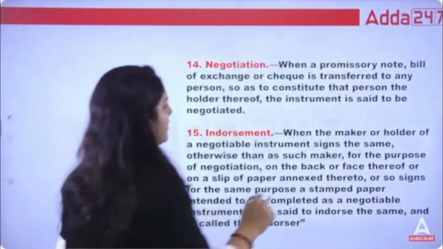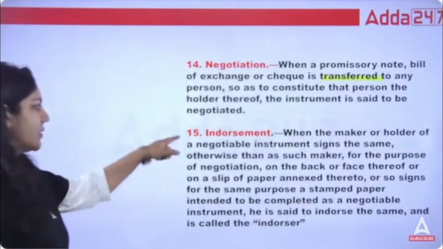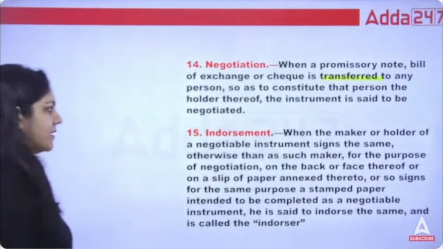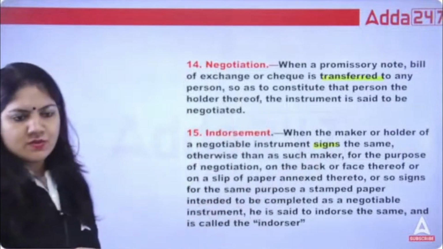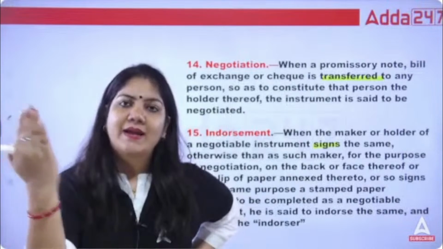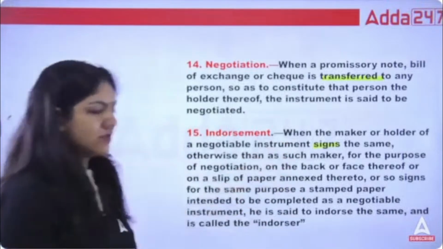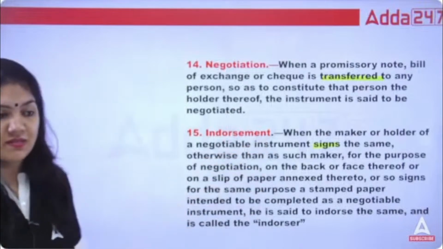Transfer. Negotiation means transfer. What is endorsement? Sign. Endorsement means sign at the foot of the instrument, or if the place is not there, then we can sign on the back side of the instrument. That is called endorsement. Just one word to remember. No need to mug up these things.